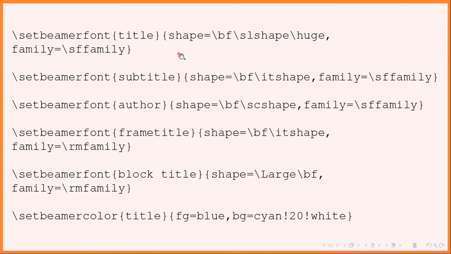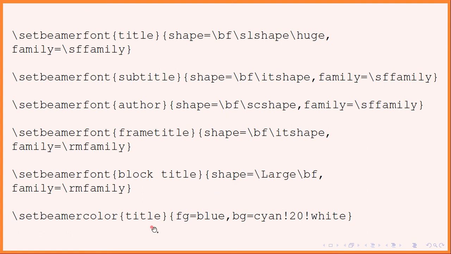Then font of the title, shape of the title, all these are options which you can write. Same thing for subtitle, author, frame title also. It is up to you to decide what type of shape you want. So everything is flexible here.